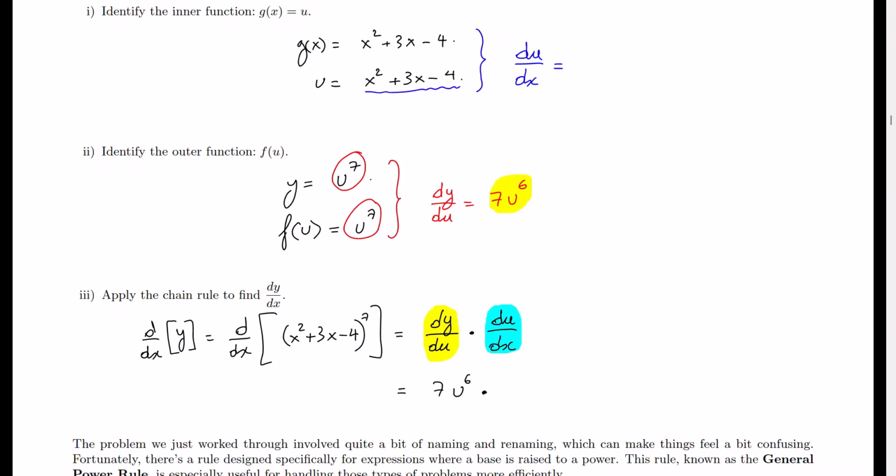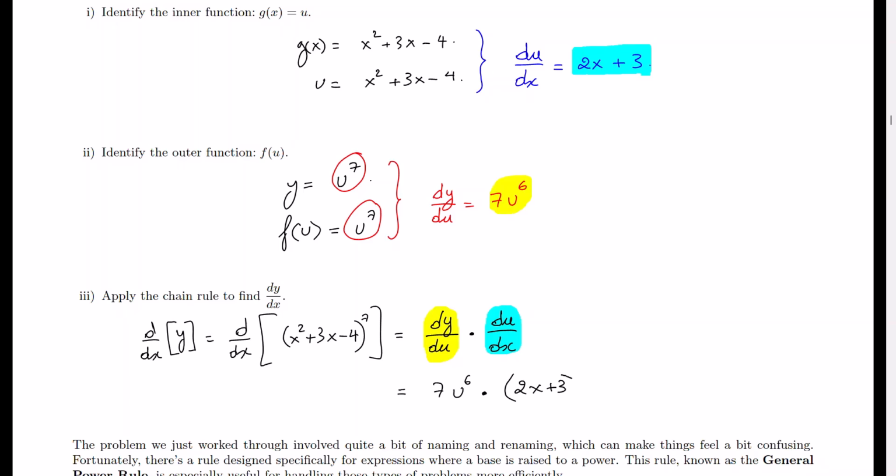Well, again, the basic power rule tells me to differentiate the x squared to get 2x, then differentiate the 3x to get 3, and then finally the derivative of 4 is 0, so I'm not going to write it down. So according to the theorem, that 2x plus 3 gets multiplied with 7u to the power of 6.